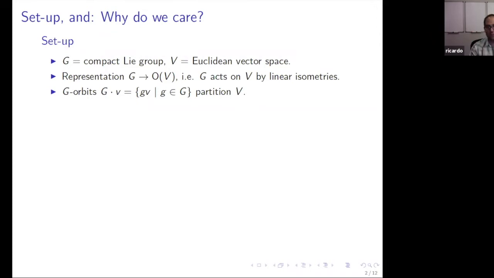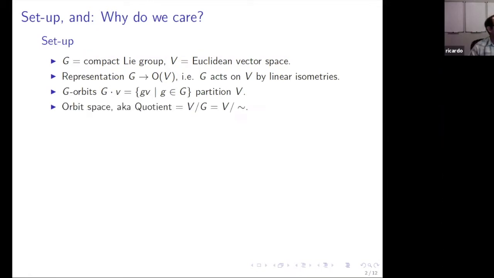Each orbit is like, you take a vector and you apply all the elements of the group to it, and this gives you the orbit. They're all pairwise disjoint, and they partition the vector space. So this is what I mean by orbits. I'm sure for 99% of you, this is all very familiar.